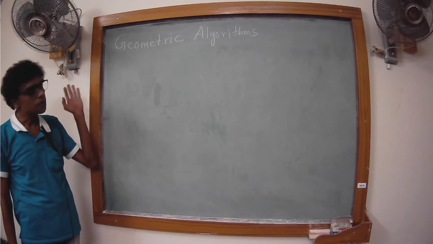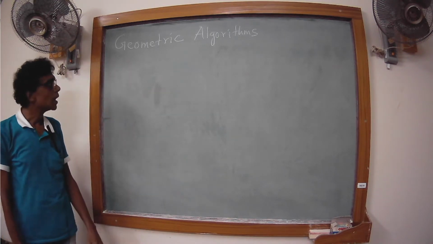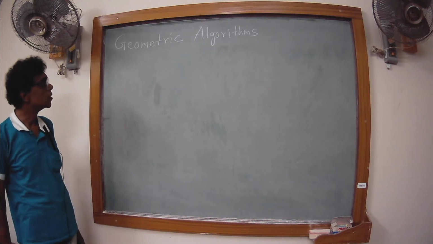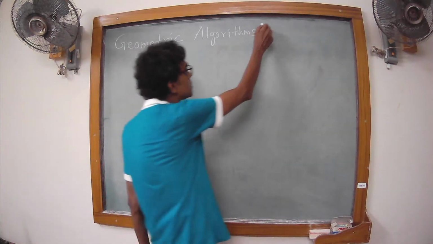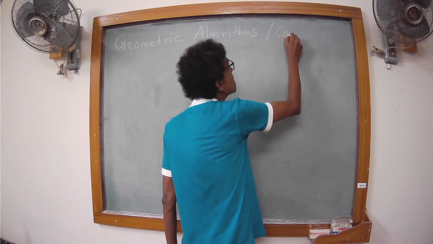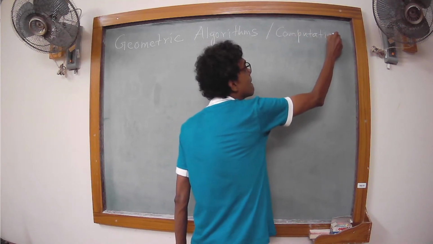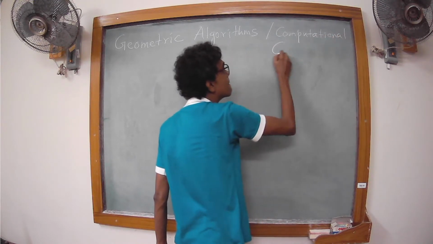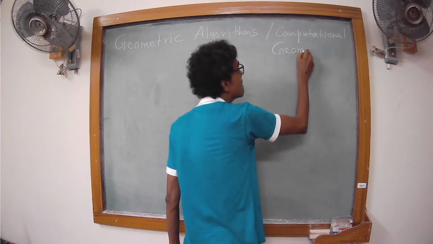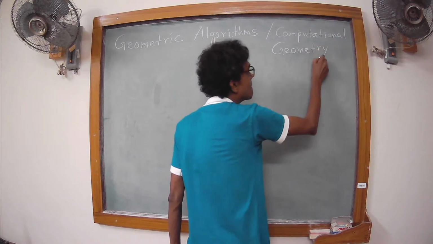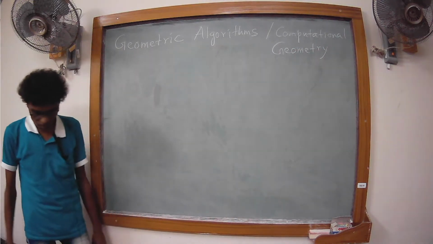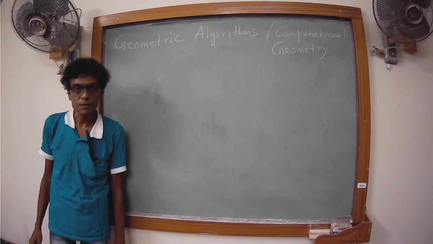So I will introduce a few other algorithms in the domain of geometry. So this is also called computational geometry, or CG in short.